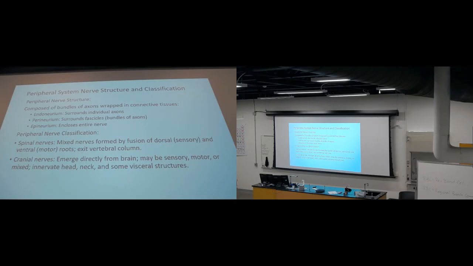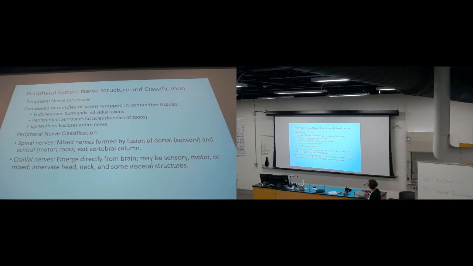Now, based on function, if your nerve has both axons that are sensory and motor, this will be a mixed nerve, which is typically the case. Spinal nerves are mixed; they carry sensory and motor information.